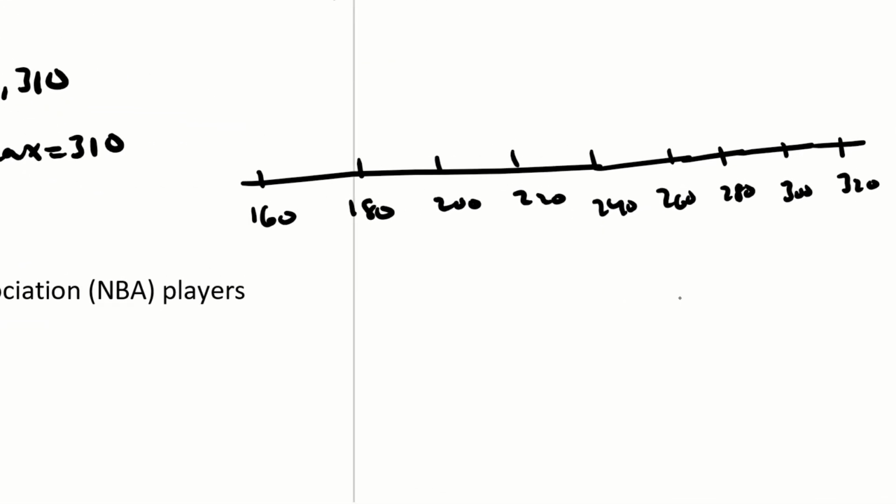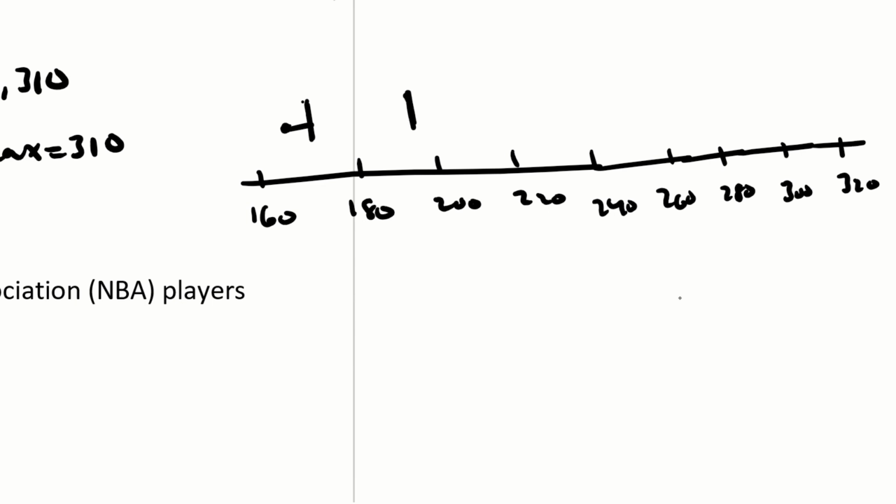So the minimum is 164, so this is 170-ish, so it's going to be like around here. So you can do a little dot there. And the first quartile is 172, so it's like halfway between 160 and 180, a little bit more than half. Right there. That's going to be your whisker right there. And then you have your median, which is 196.5, almost 200.